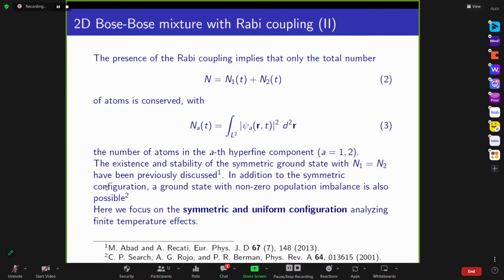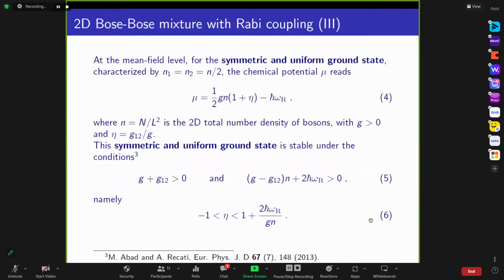In addition to the symmetric configuration, the ground state has also a possible non-zero population imbalance, but with different values of interaction parameter, and we will not discuss this case, however. Here we focus on the symmetric and uniform configuration, analyzing some effects both at zero and, mainly, let's say, at finite temperature.